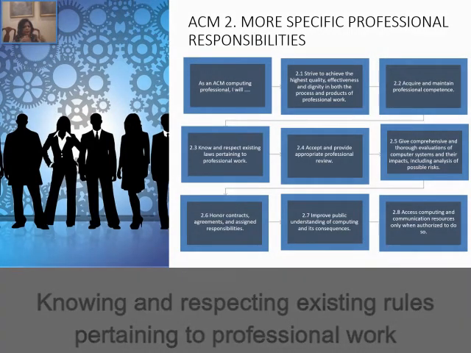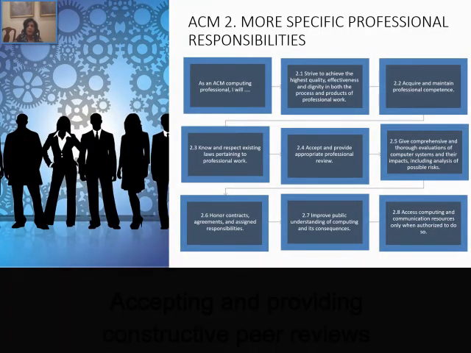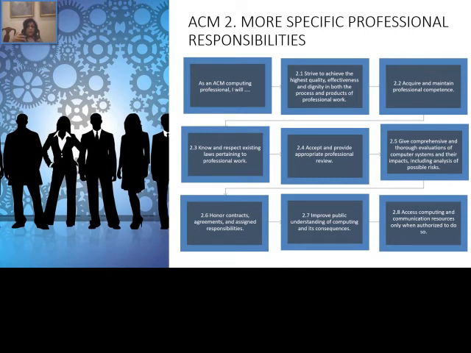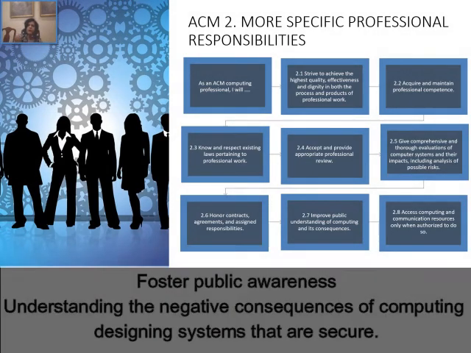Professionals should accept and provide appropriate constructive peer reviews. And they should also foster public awareness, have an understanding of computing related technologies and their consequences. Professionals should aspire to design and implement systems that are robustly and usably secure.